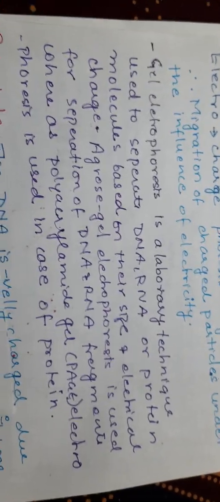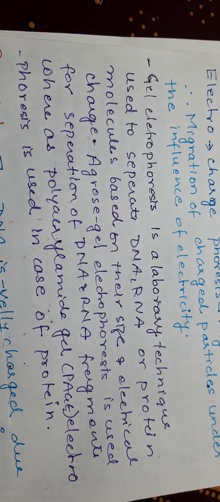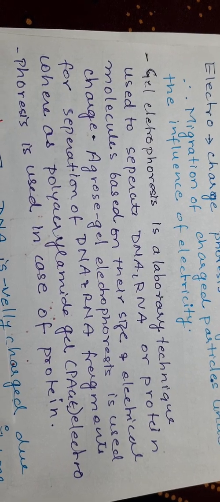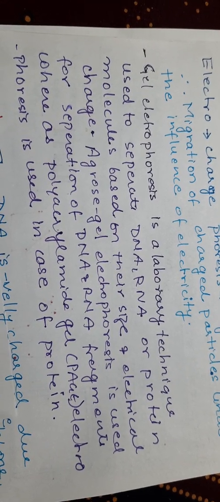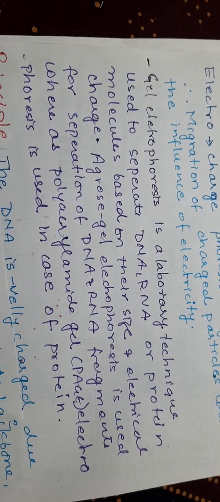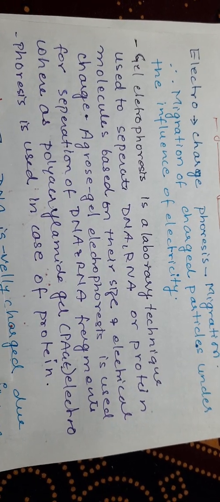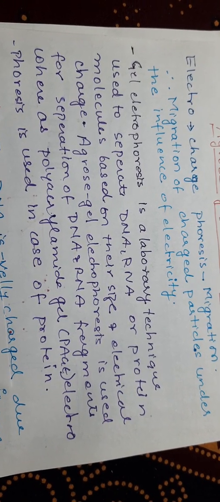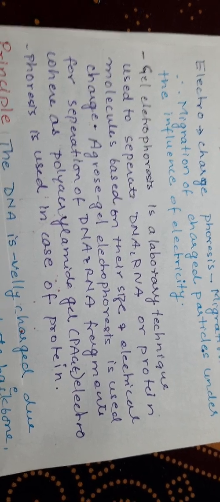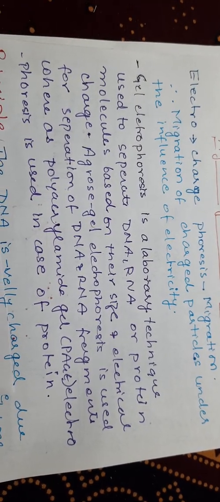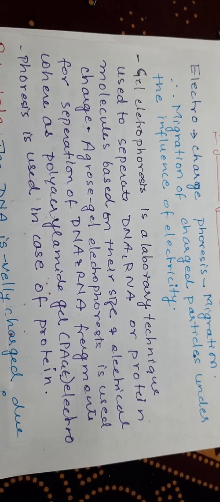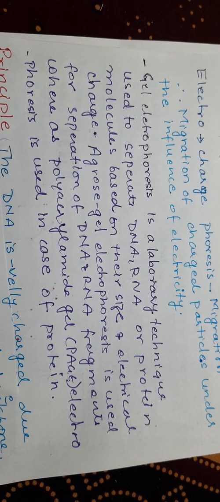Gel electrophoresis is the laboratory technique used to separate DNA, RNA, or protein molecules based on their size and electrical charge. Agarose gel electrophoresis is used for separation of DNA and RNA fragments, whereas polyacrylamide gel electrophoresis is used in case of proteins.